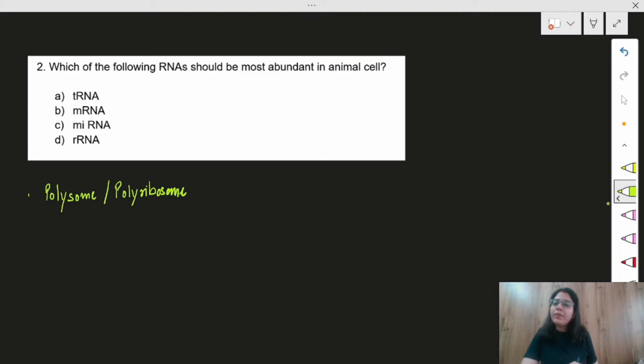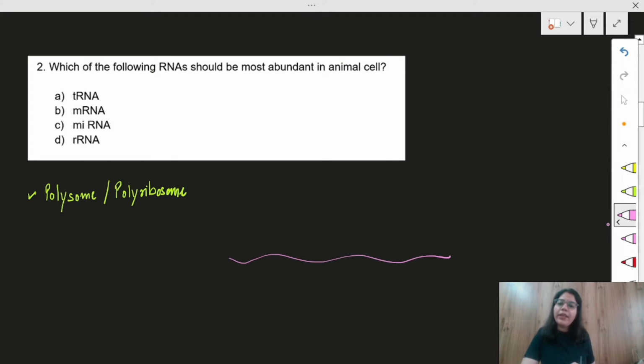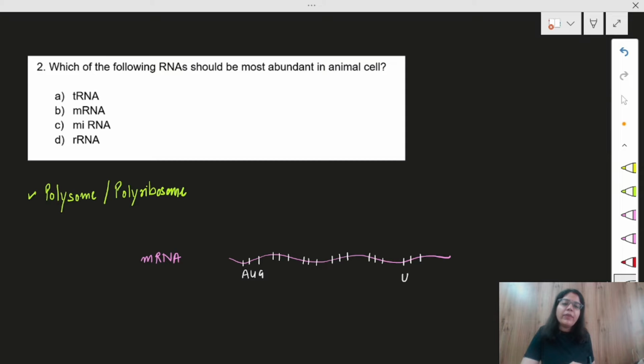This concept says that if you have one single messenger RNA, it will have a start codon, then every next three bases means one codon, again next three, and at last a stop codon like UAA, or any of the three stop codons.